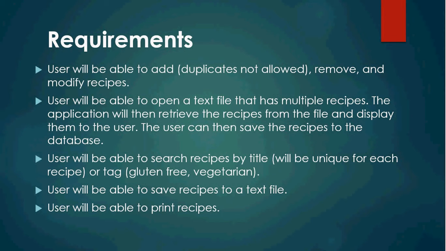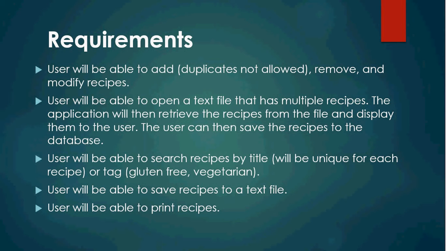The user will be able to open a text file that has multiple recipes. Then the application will be able to retrieve the recipes from the file and display them to the user. Then the user can decide to keep the recipes or not, and these recipes will be stored to the database.